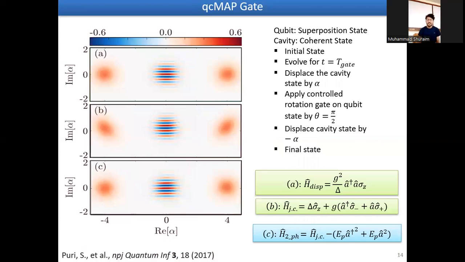So the qcMAP gate is one type of method through which we generate those cat states. I have presented it in the previous slide. What it does is that it takes into account the dispersive case between the qubit and cavity.